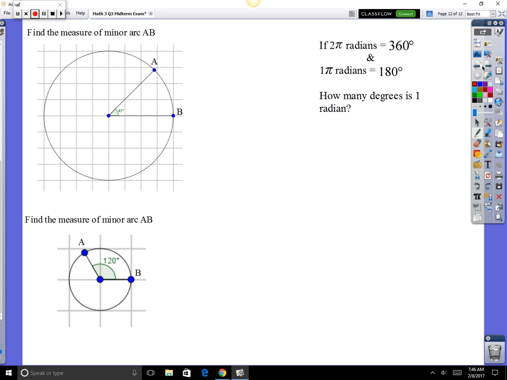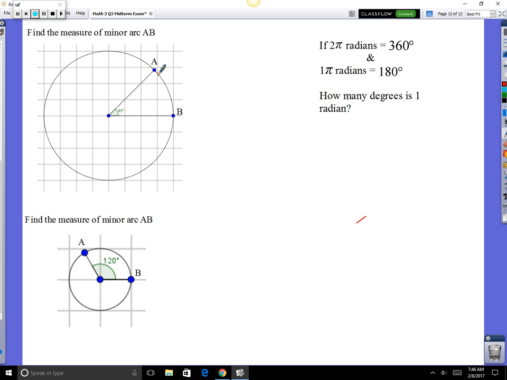Okay, the last page. You got a couple circles. Find the measure of the minor arc AB. So a part of the circle. So from here to here, how much is that? So first, from A to A, what would the circumference be all the way around the perimeter of the circle?